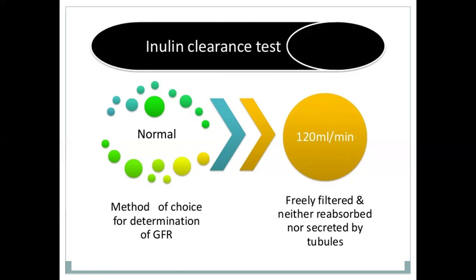Inulin is a homopolysaccharide made up of fructose, and it is neither reabsorbed nor secreted by renal tubules. So its clearance is equal to glomerular filtration rate, and it is administered intravenously to measure glomerular filtration rate. However, it is more convenient practically to estimate clearance of a substance already present in the blood. For this reason, creatinine clearance is preferred over inulin.